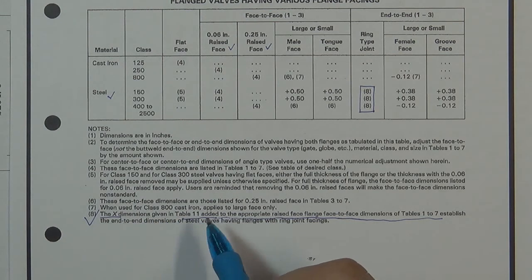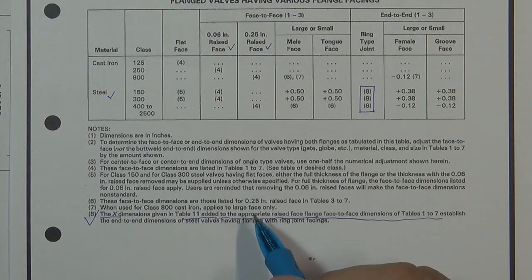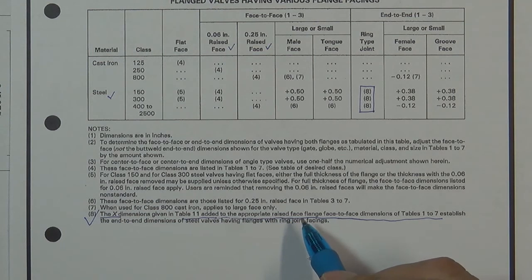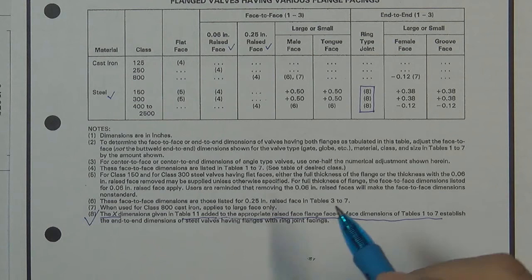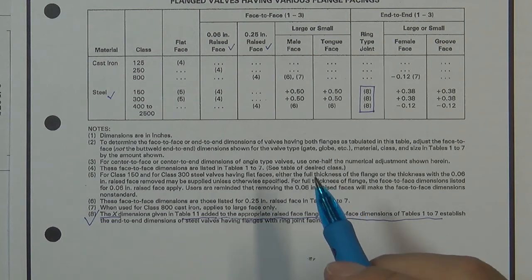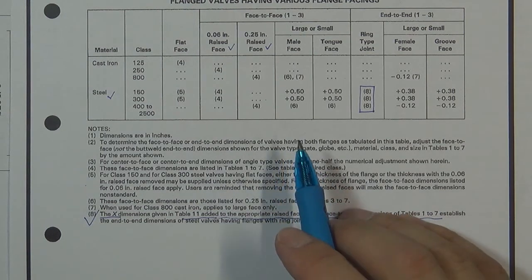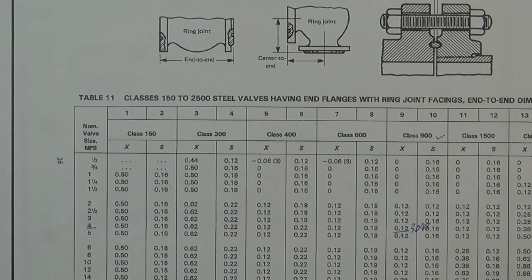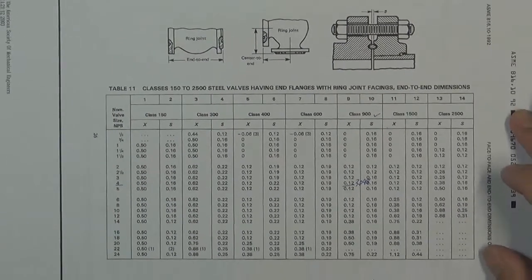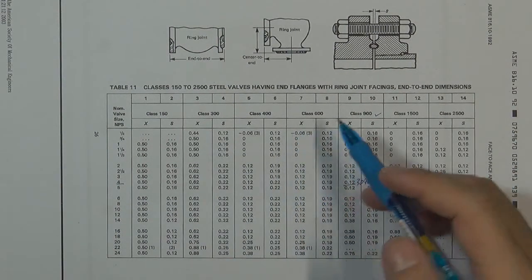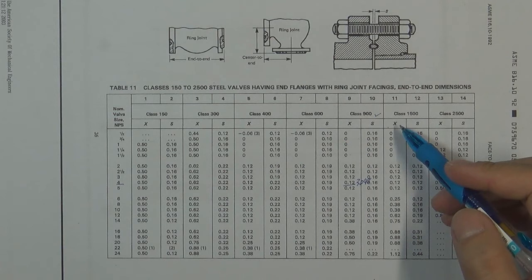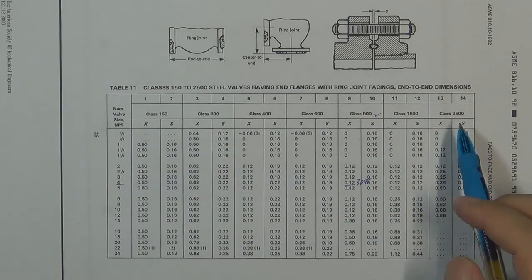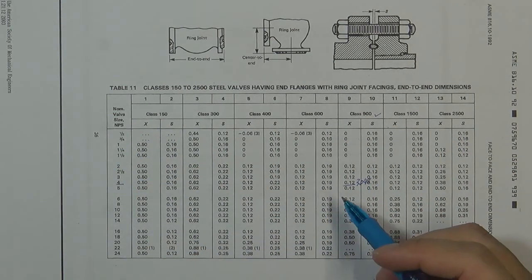And then we add this dimension to the raised face flange face-to-face dimension, and then we can get the correct valve length from this standard. So let's look at table 11. Here is table 11. In this table, you will find the X dimension for different pressure, different size valve.